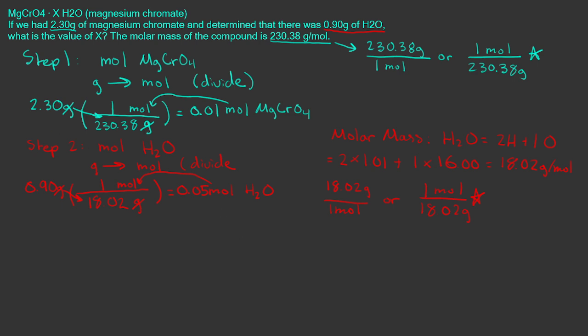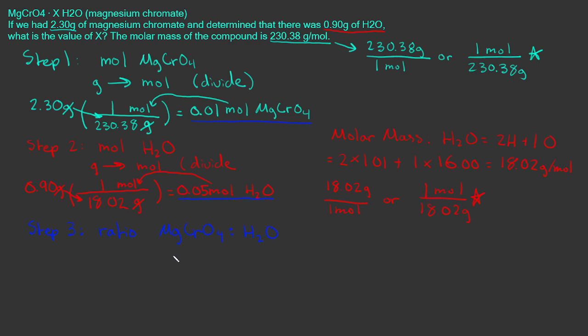Our last step, step 3, is to always find the ratio between our ionic compounds, MgCrO4 to H2O. We know that we have 0.01 moles of MgCrO4 and 0.05 moles of H2O.